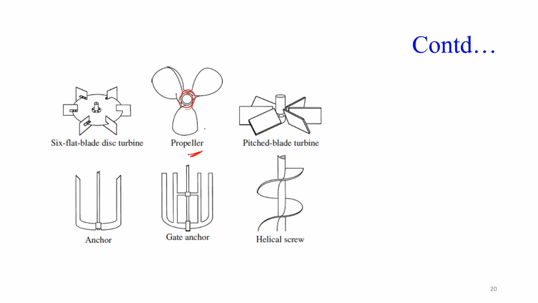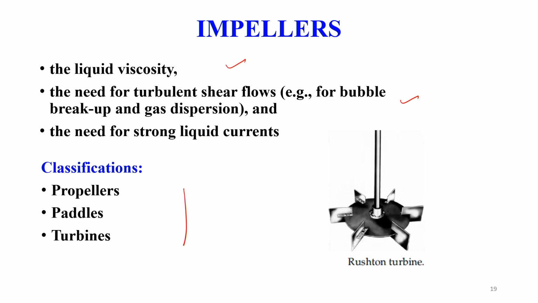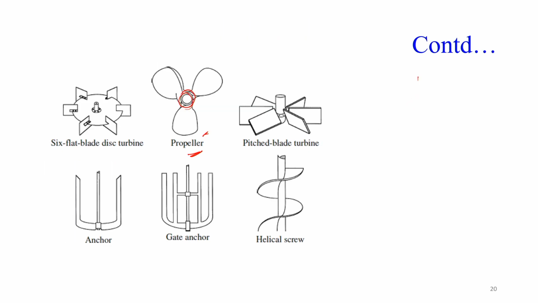In the case of paddle, in the shaft you need another rod, and there you can attach the blades. This is very simple; you can correlate it with the paddle of a cycle.